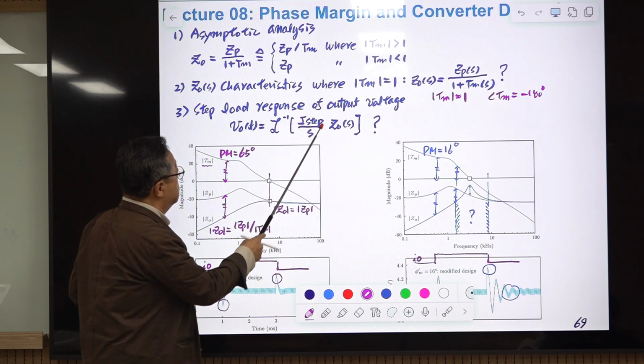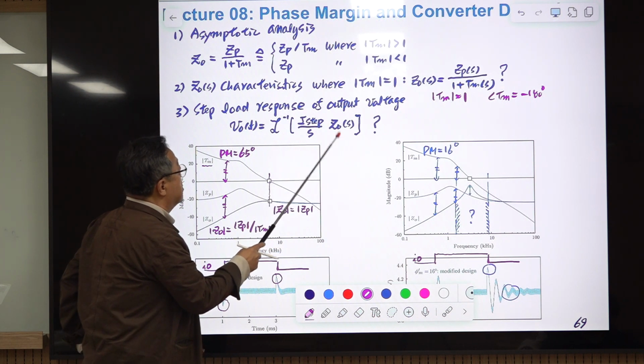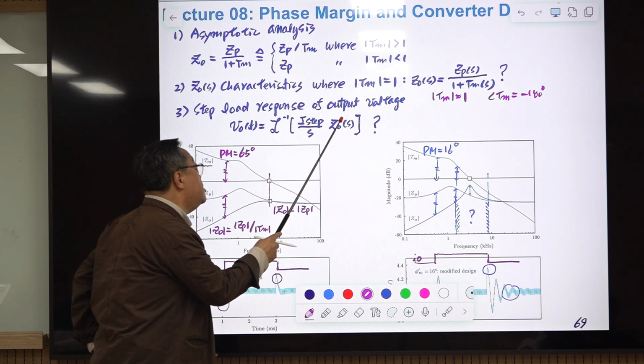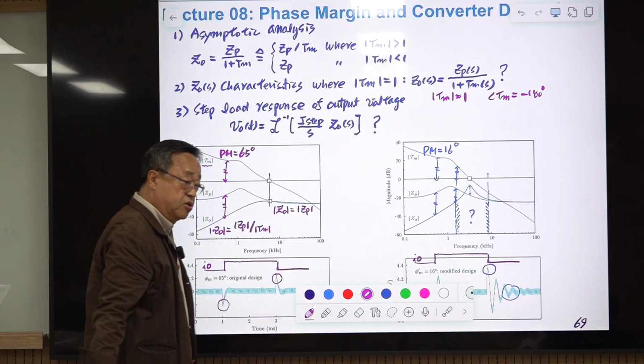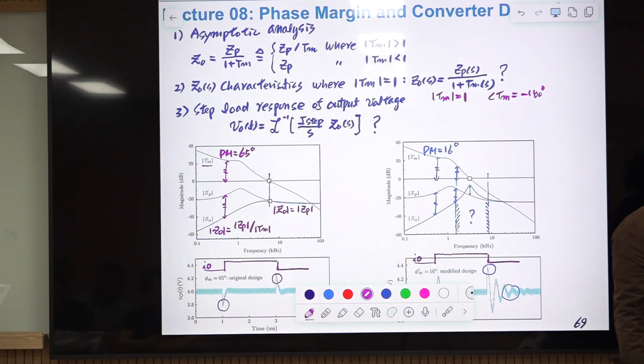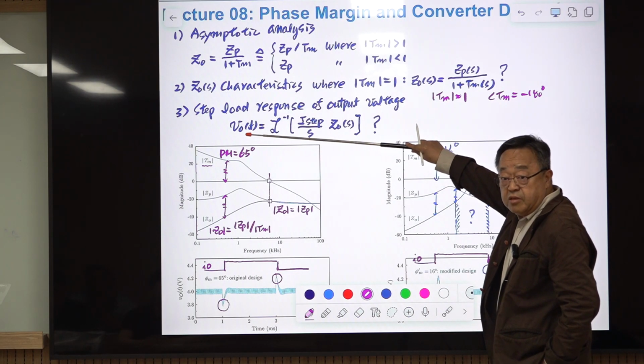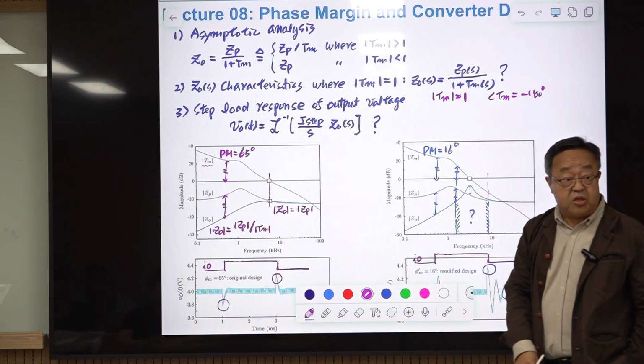This is the disturbance source, and this is the closed loop transfer function from disturbance source to output voltage, so this will be the S-domain expression of the output voltage. If you take the inverse Laplace transformation, you will get the time domain response of the output voltage. So this theory is extremely simple.